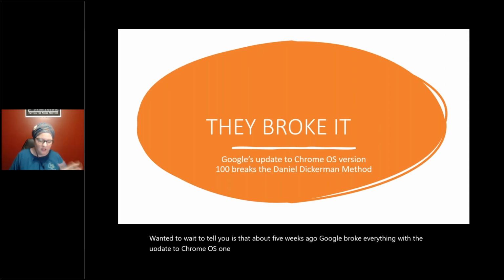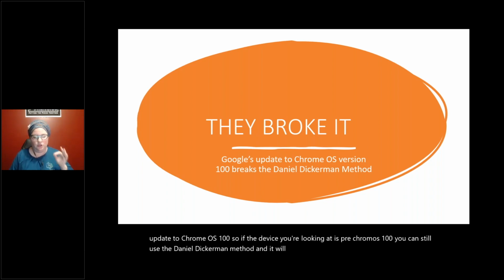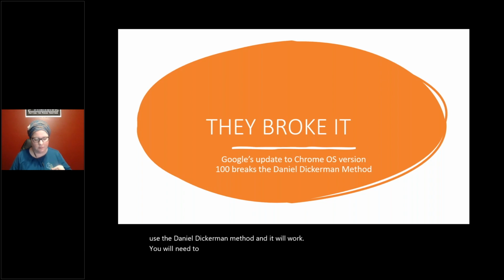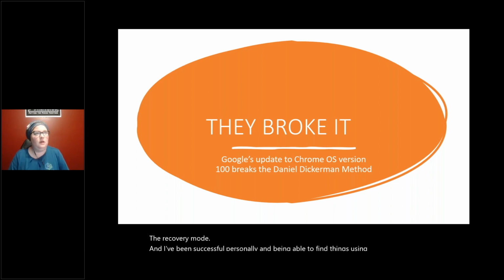So if the device you're looking at is pre-Chrome OS 100, you can still use the Daniel Dickerman method and it will work. You will need to get archived versions of the recovery mode. And I've been successful personally in being able to find things using archive.org.